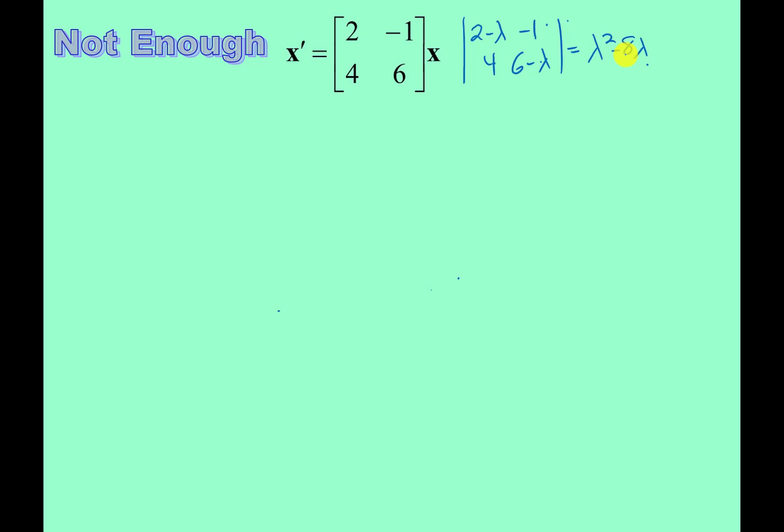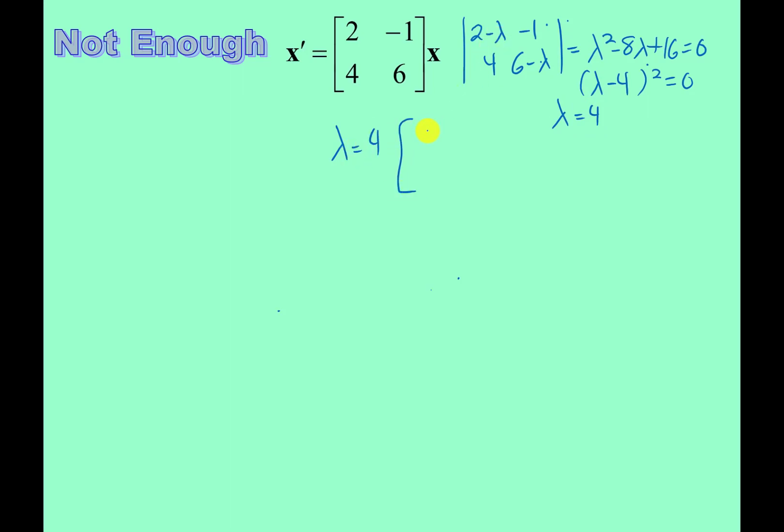And then we have 12 minus a negative 4 makes a plus 4, which is 16, equals 0. So that will factor, and it's going to be a repeated factor. It'll factor into lambda minus 4 twice. So our eigenvalue is 4. Let's go ahead and put that in to find eigenvectors.